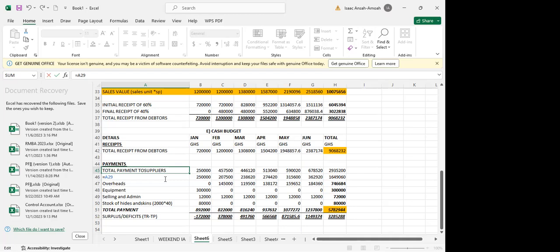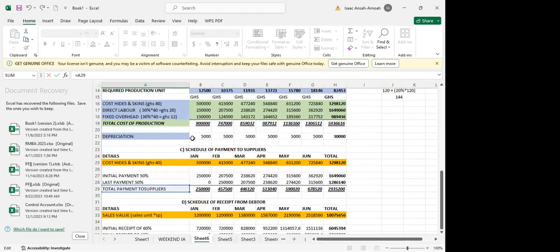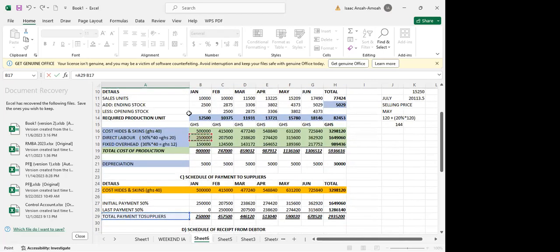Wages relate with labor. Did you multiply the direct labor by a value? Back to the production budget. If we pick direct labor, we multiplied the required production unit by 20 cedis.